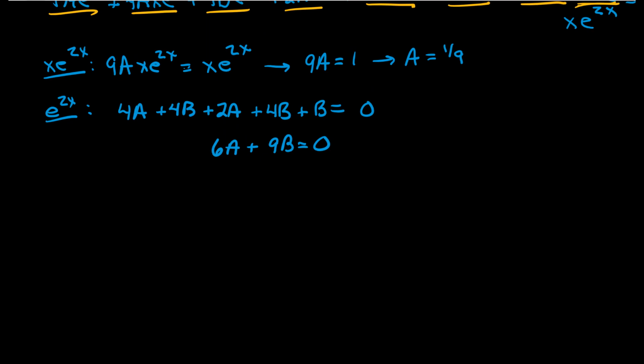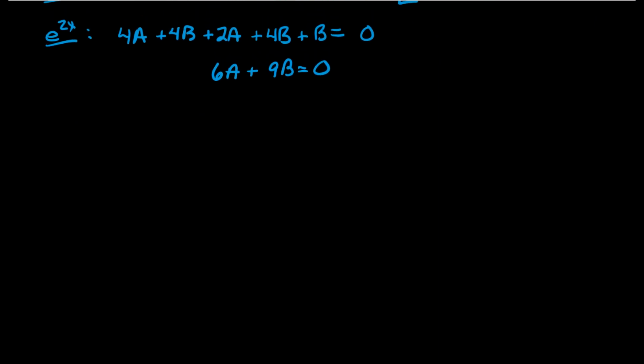Okay, so what's a equal to? Well, a is the 1/9 that we just solved for up here toward the right-hand side of the screen. And we can substitute that in, and it's going to give us 6 times 1/9 plus 9 times b equals 0. Well, the 6/9 is 2/3.